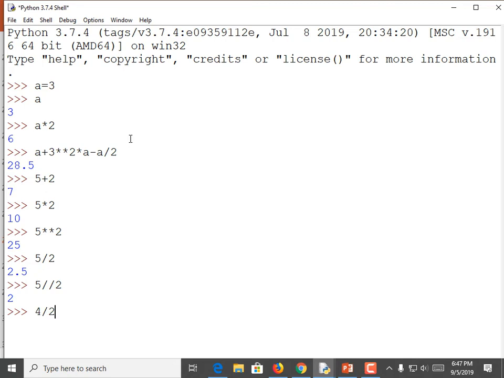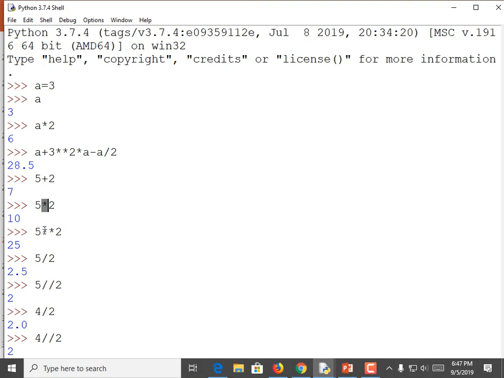Now 4 divided by 2 is 2.0. 4 floor division 2 equals 2 as well, right? There was nothing to drop. So this symbol is called the operator.